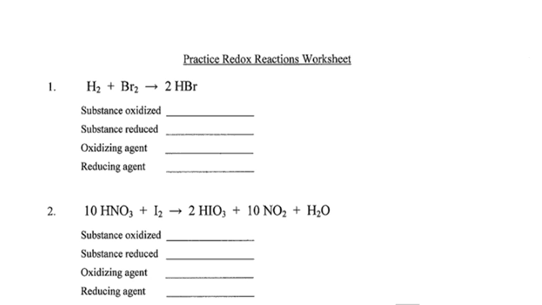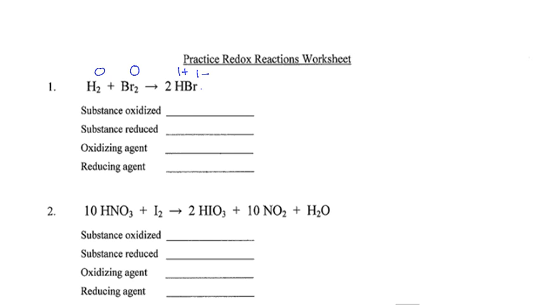And step 1, we have to assign oxidation numbers, which is why we practiced. So hydrogen by itself, 0. Bromine by itself, 0. HBr, H is +1, and bromine is -1. So what was oxidized?